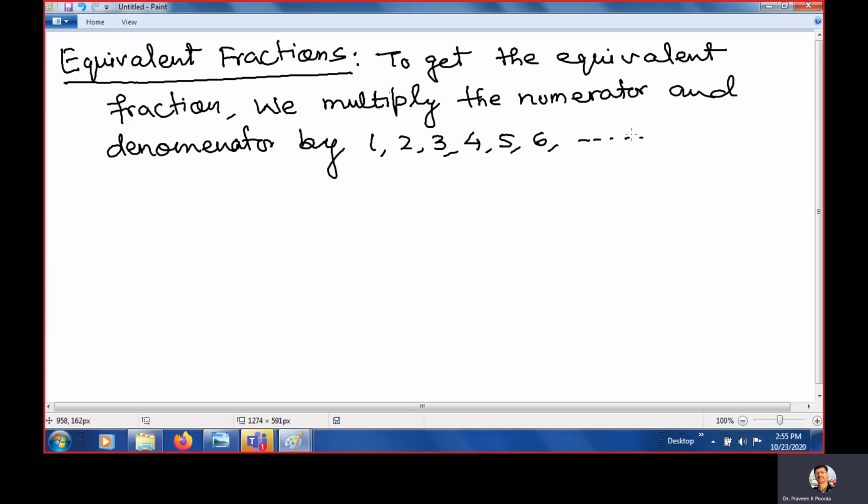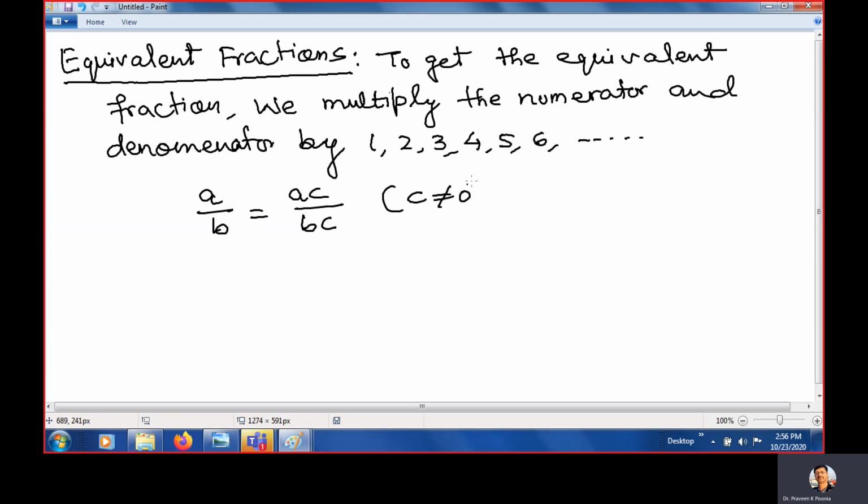So it is also multiples, but in the form of fractions. Clear? So in the mathematical form we can also write A upon B equals to AC upon BC. Clear?